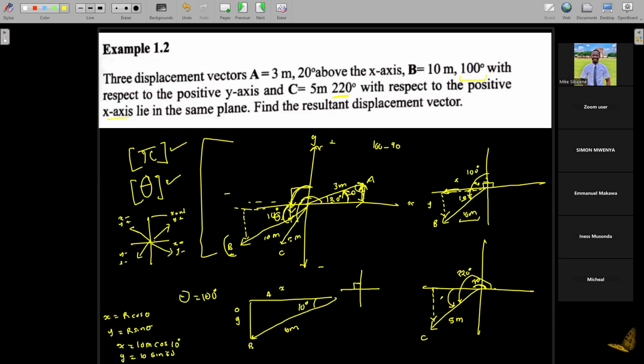We just want this theta, the angle we are looking for. So 210 minus 180 gives 30. Are we together? We have 30 here as our theta.